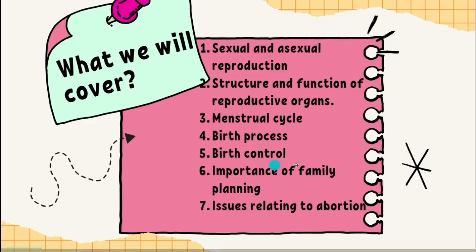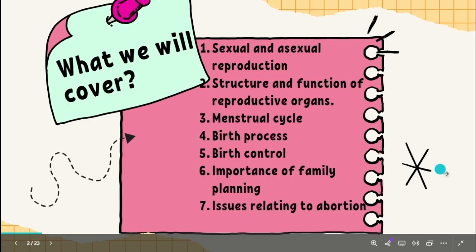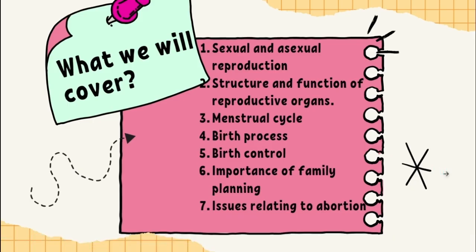So basically the goal is we want to get through these particular topics. The reproductive system is very broad, right? There's a lot that goes into it. What we want to talk about is sexual and asexual reproduction, the structure and function of our reproductive organs, both for the male and the female. Although, the female one I'm going to take up a bit more time because a lot more goes on there.